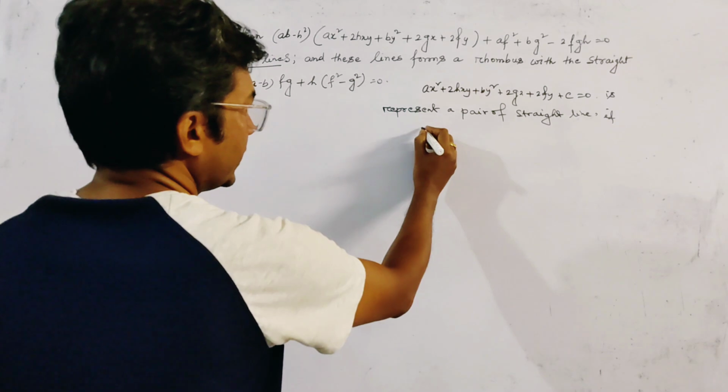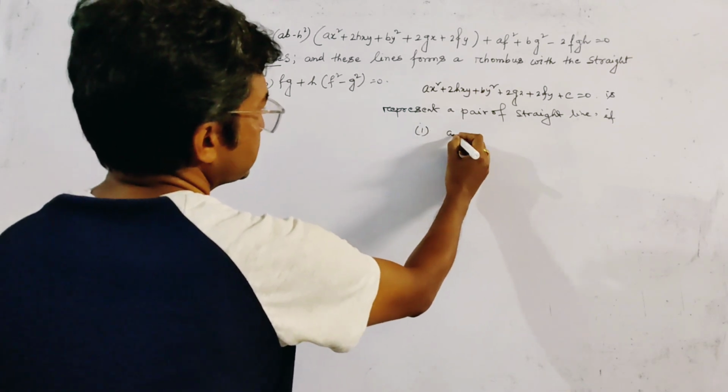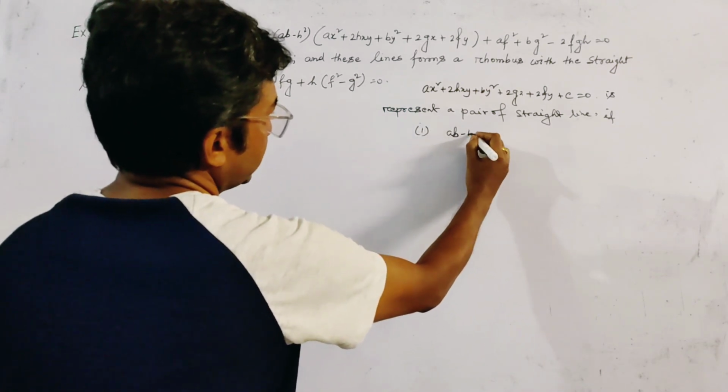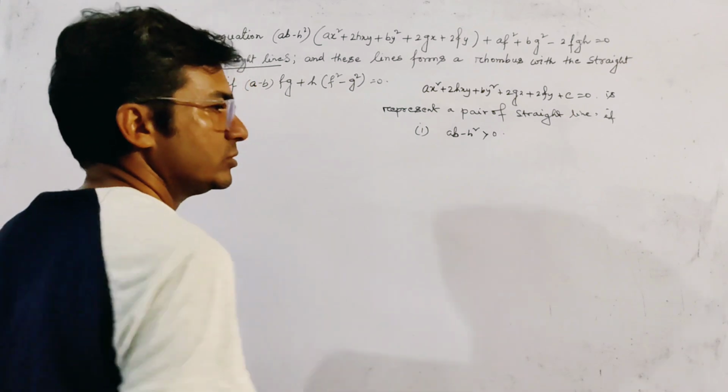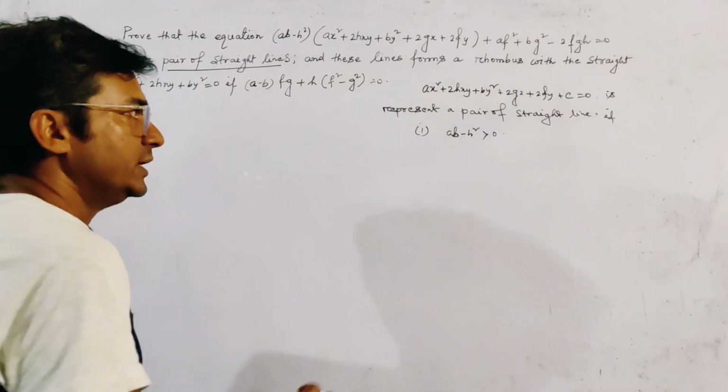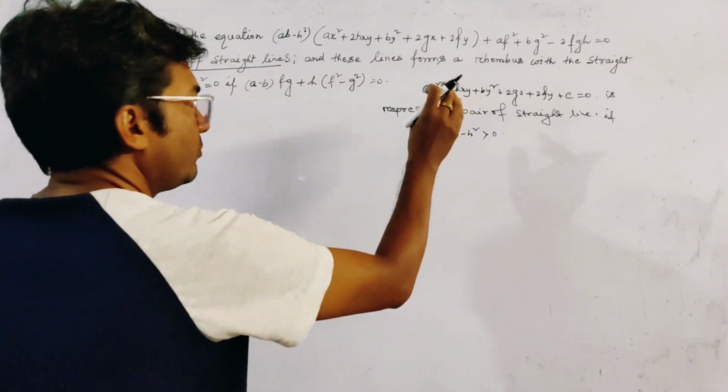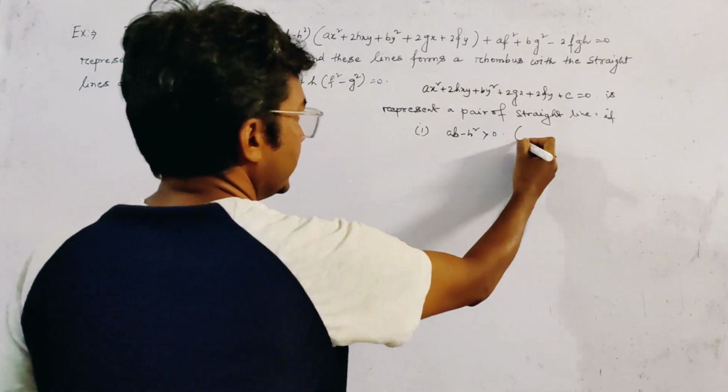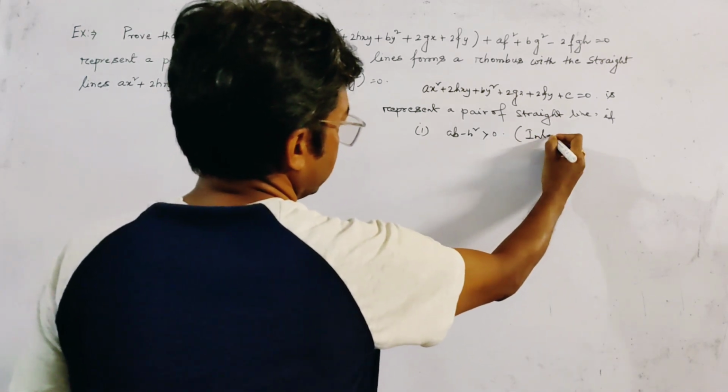The first condition is ab − h² > 0. This condition gives the pair of intersecting lines.